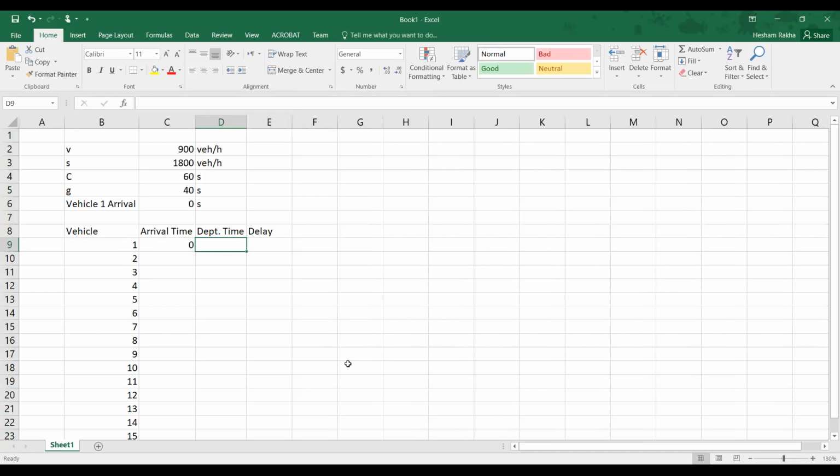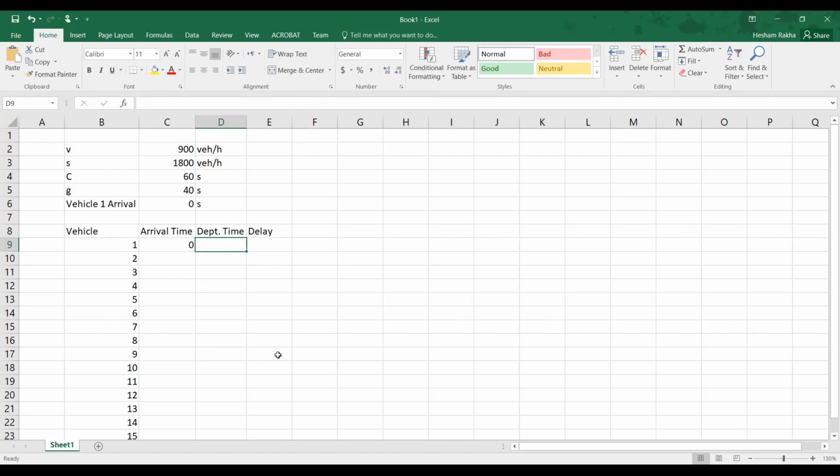Is that correct? So given that the vehicle arrives at time 0, what is the earliest time that this vehicle can leave?